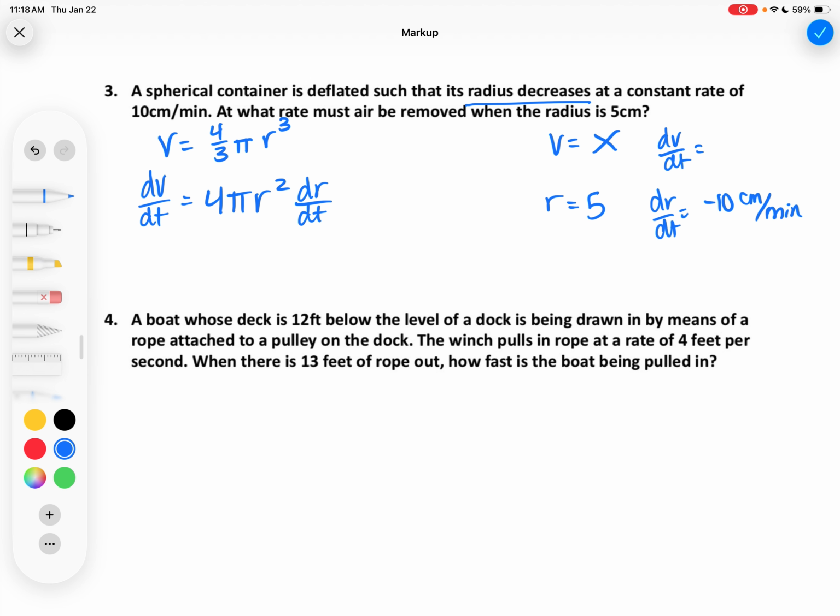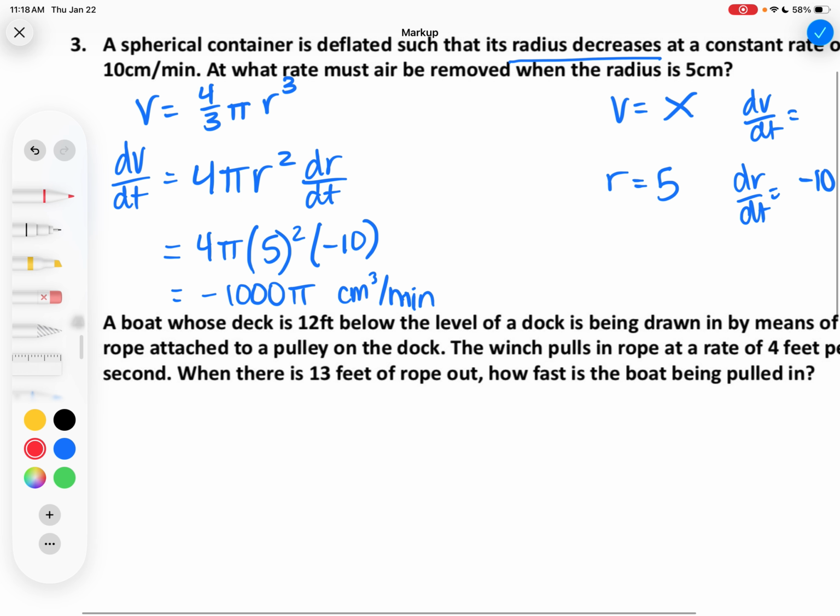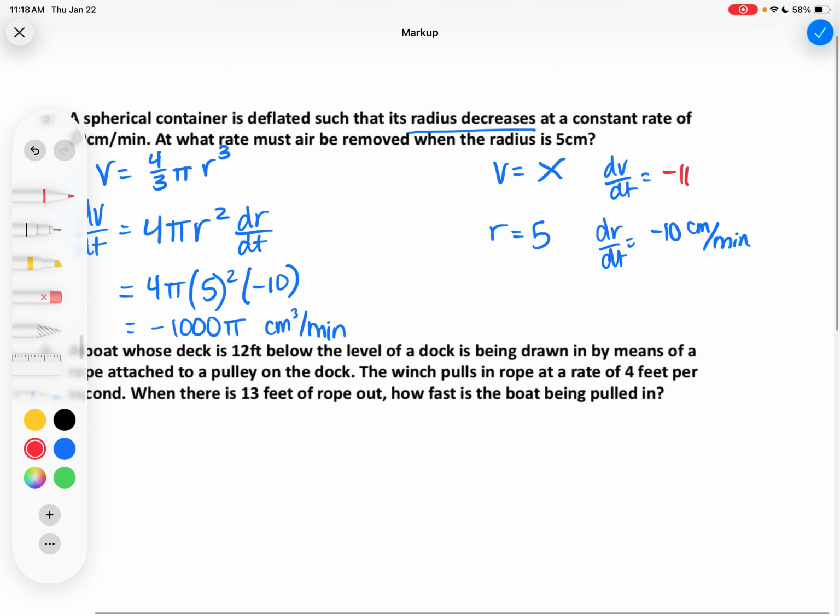And then just plug in: 4 pi times 5 squared times negative 10. 25 and 4 is 100, times negative 10, so negative 1,000 pi or something like that. And then obviously units, centimeters cubed per minute for that one.